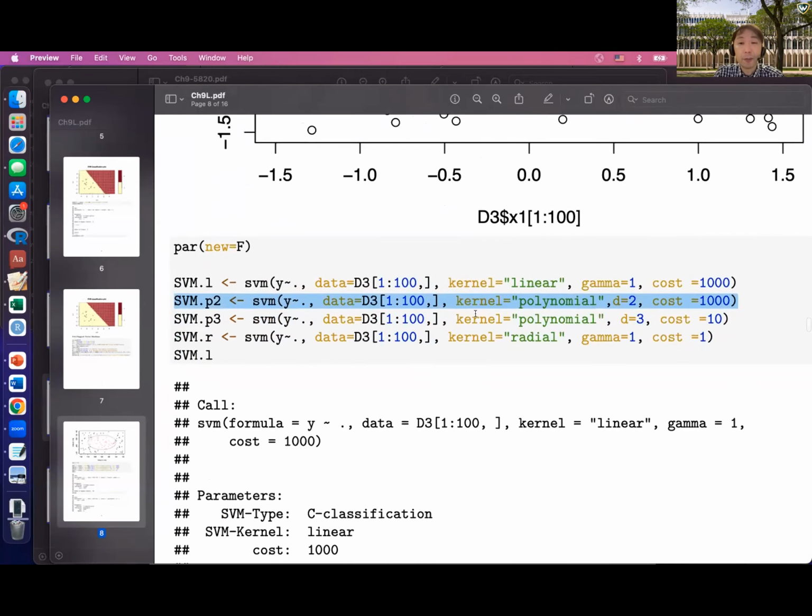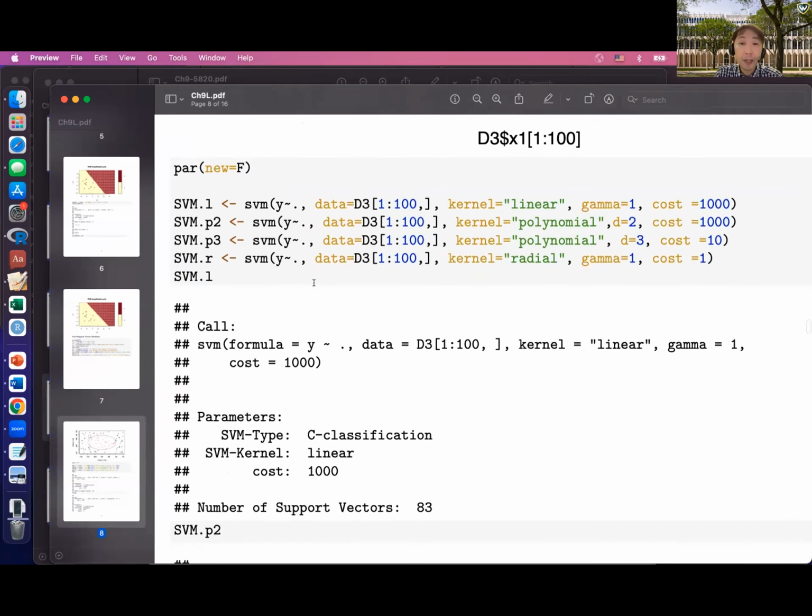Then the polynomial kernel with degree 3 includes all the quadratic terms, so it can classify observations, but we have redundant terms such as x cubed, y cubed, so it's probably slightly less efficient than degree 2. And the radial basis kernel is basically the one-size-fits-all solution for support vector machines, with an infinite dimensional space.